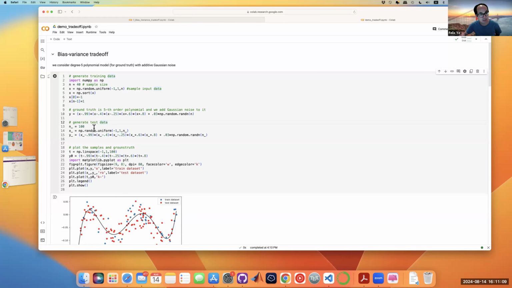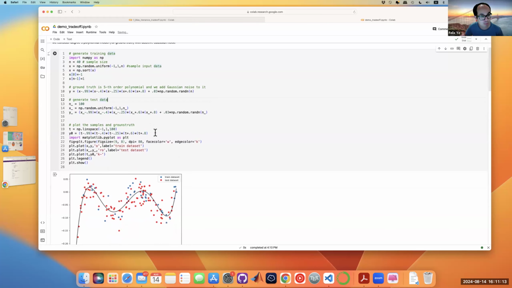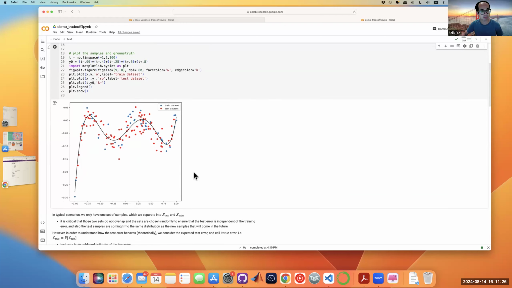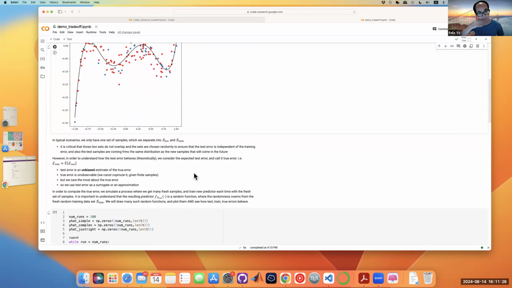Then we generate an additional test data set. We plot them out with the ground truth. So you can see the red is the testing data set, the blue is the training data set, and this curve right here is the ground truth.